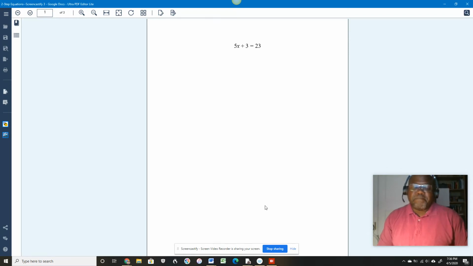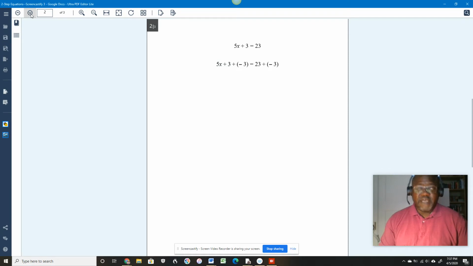But in order to keep both sides equal, we have to do the same thing on both sides. So if we add negative 3 to one side, then we also have to add negative 3 to the other. Now that looks better. You notice how the equation is balanced on both sides of the equal sign.